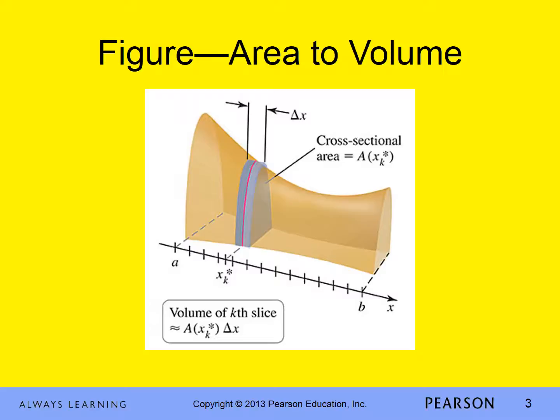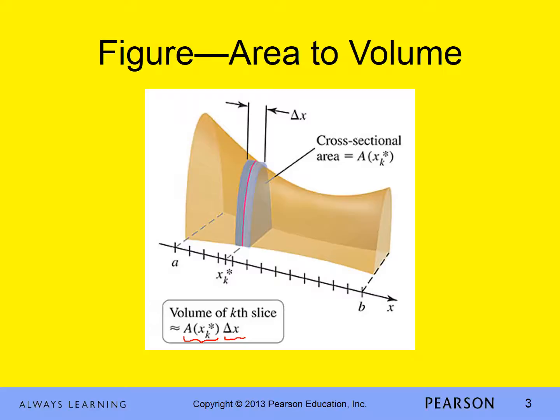Each of these slices is like a little cylinder, not a right circular cylinder, but it is a cylinder, and it has volume: area of the base times the height. That's true for a box, a cylinder, and many solids. A sphere you can't do that with, but for many solids you can.